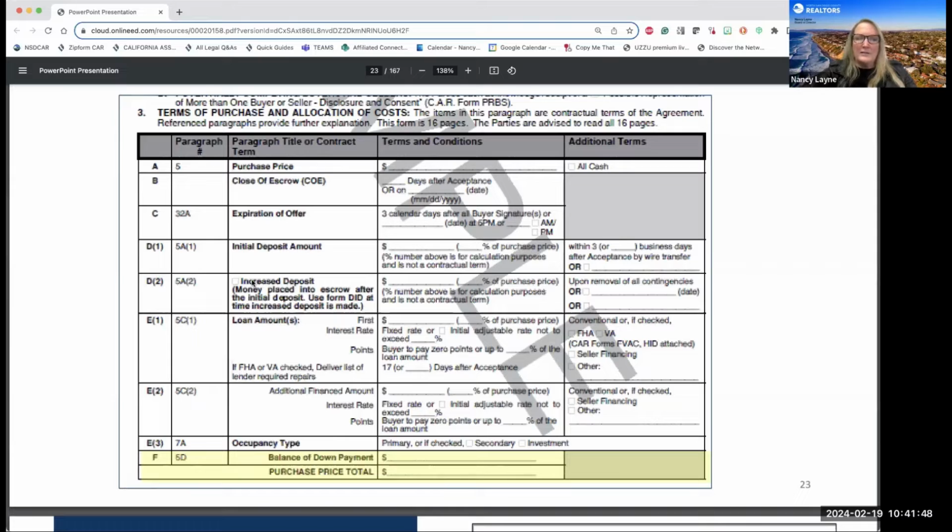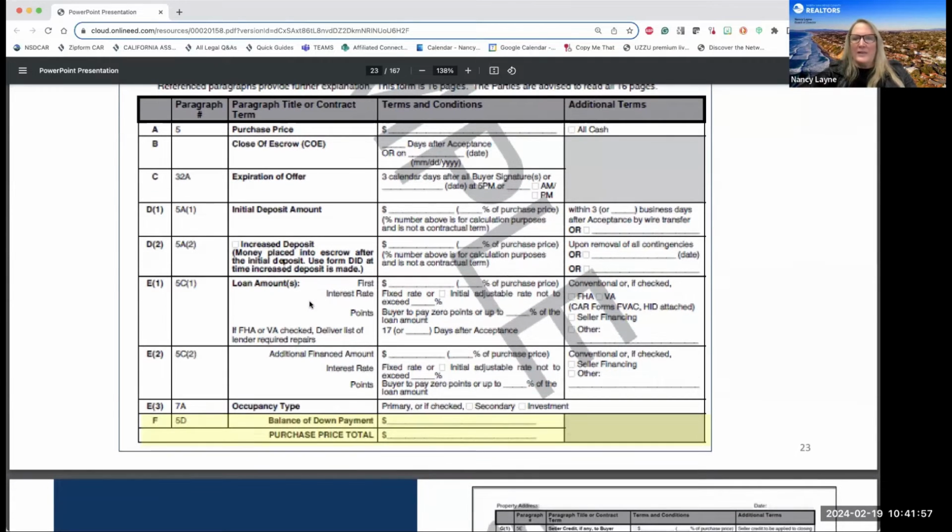The increased deposit, this is the one that we all kind of look at as that we want to equal 3%. That has just been a rule of thumb in the industry. It really isn't based on anything other than what we feel is a safe amount. But again, you really would have to get into a lot of legal definitions of what damages are.